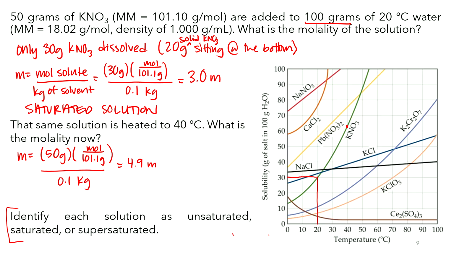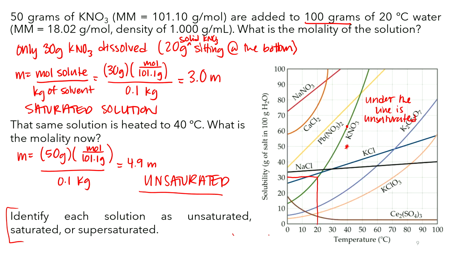And now, even though this is a higher concentration, this is unsaturated for this temperature. Right? Because we would be right here. So under the line is unsaturated.